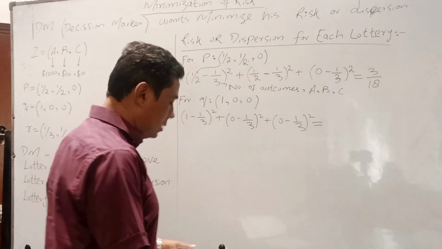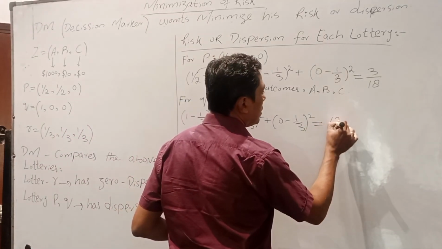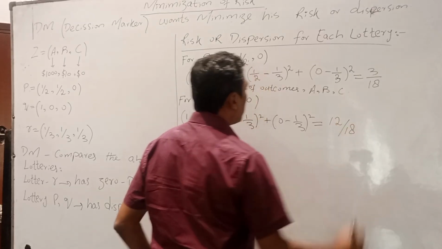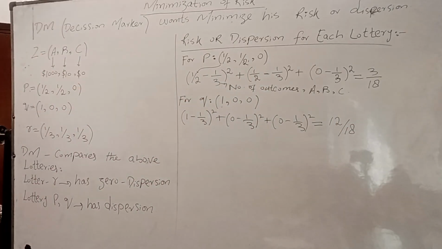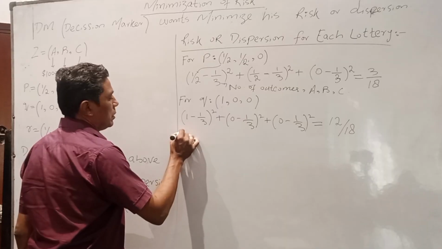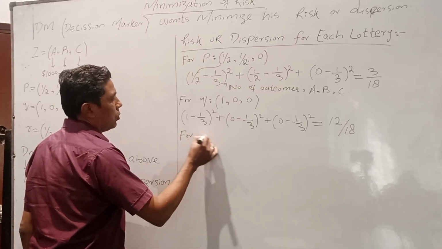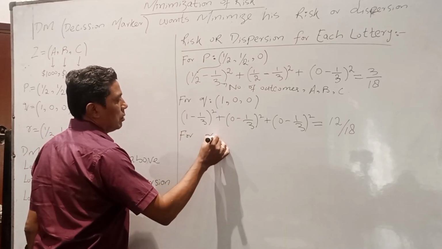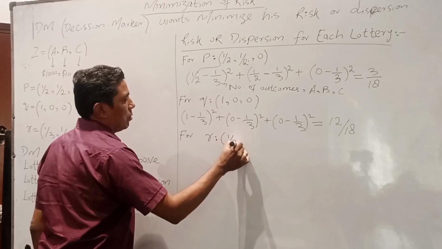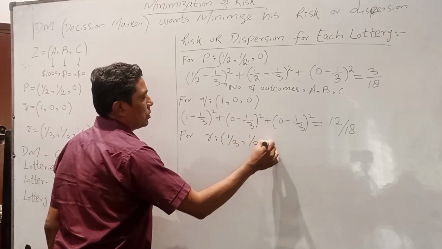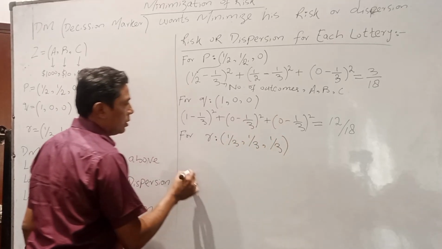That is, I think, 12 over 18. And similarly for R: 1 over 3, 1 over 3, 1 over 3.